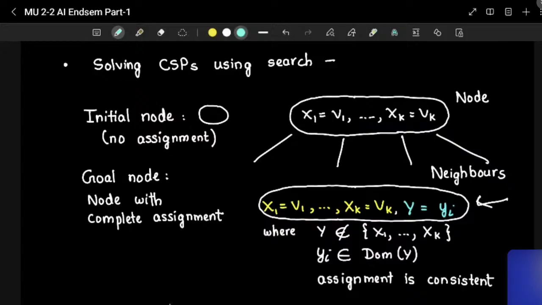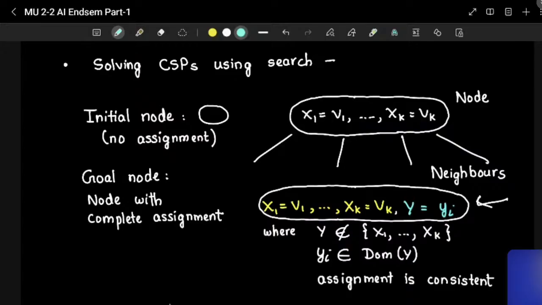The search will end when a node gets a complete assignment, because we know that in the search tree every node is consistent, and if you get consistent and complete, it means you got a solution. So this is how you solve a CSP using a search algorithm or search tree.